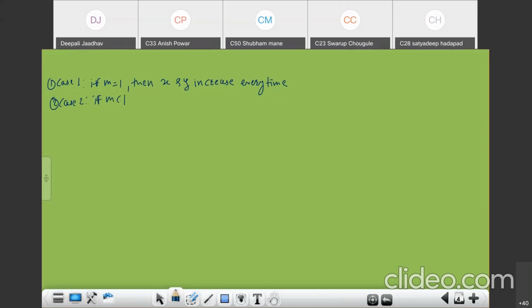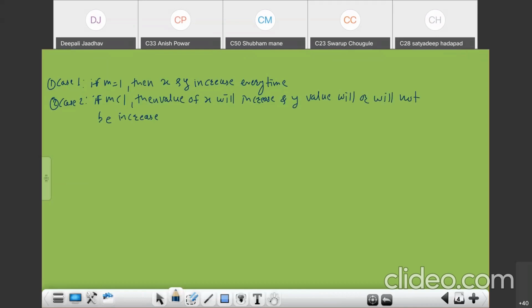So in that case, the value of x will increase every time, but the y value will or will not be increased. It depends upon the calculation and the algorithm. The value of y will or will not be increased. That we are going to see with an example.